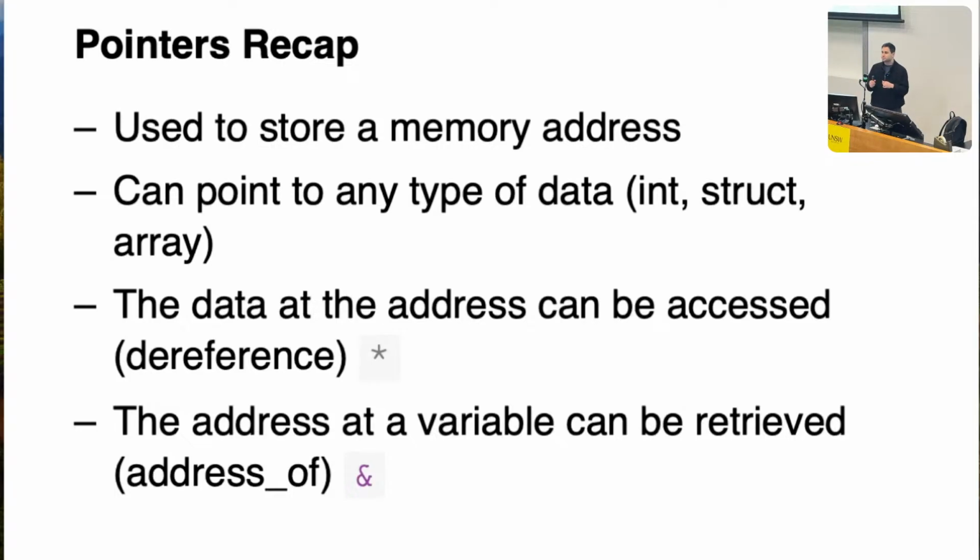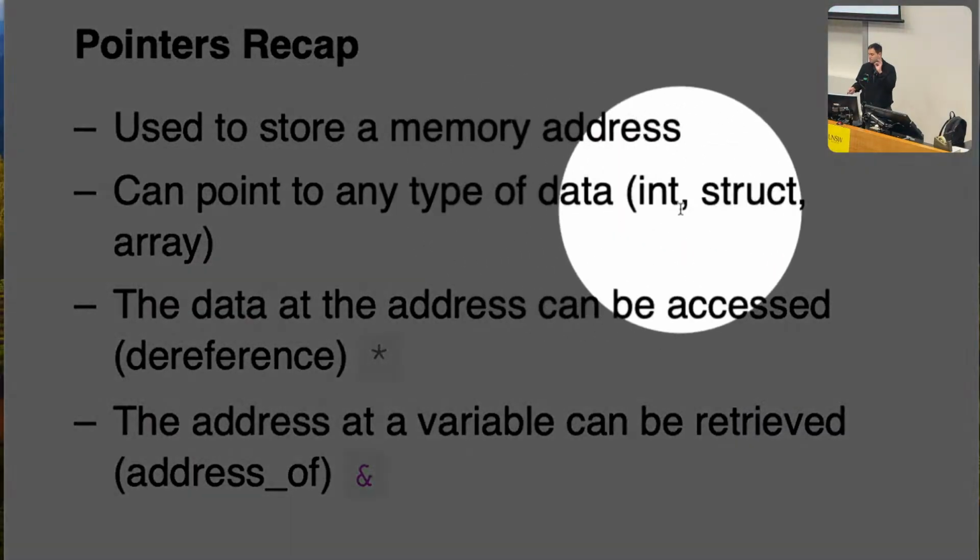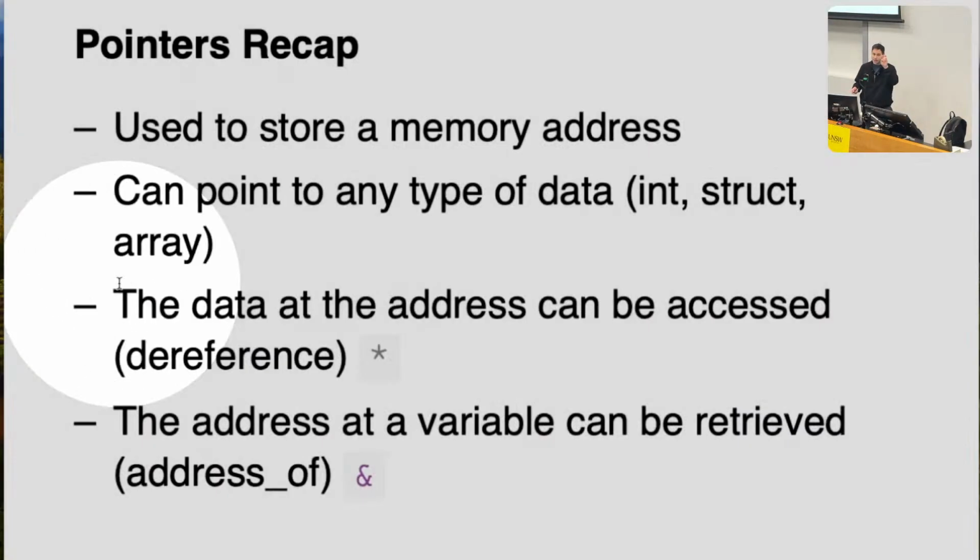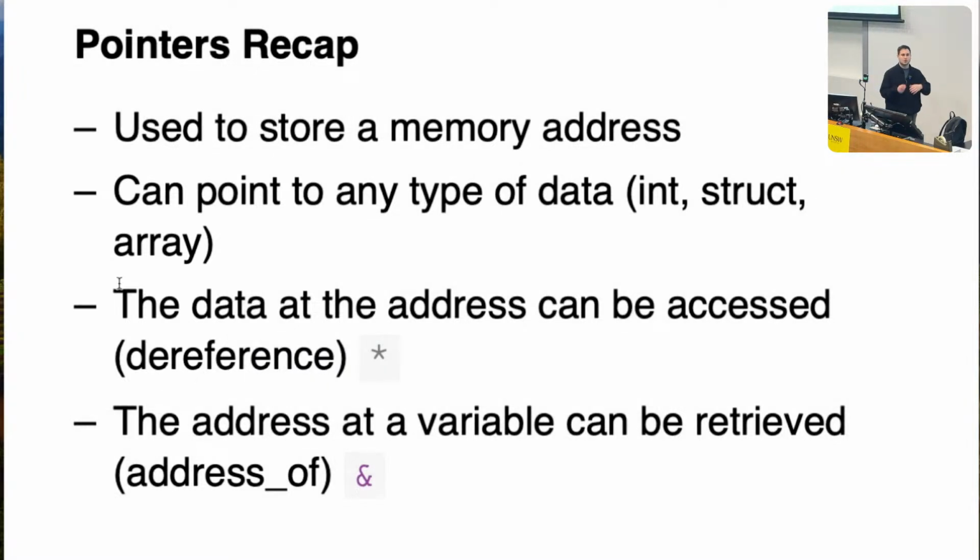And so pointers are a little bit different because they can point to a real data type. So it could be a memory address that points to an integer. It could be a memory address that points to a double. It could be a memory address that points to some struct. It doesn't really matter. But no matter what, at the end of the day, if you've got a pointer, you have a memory address.